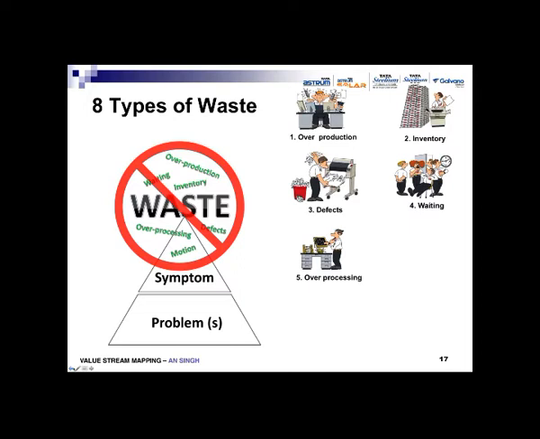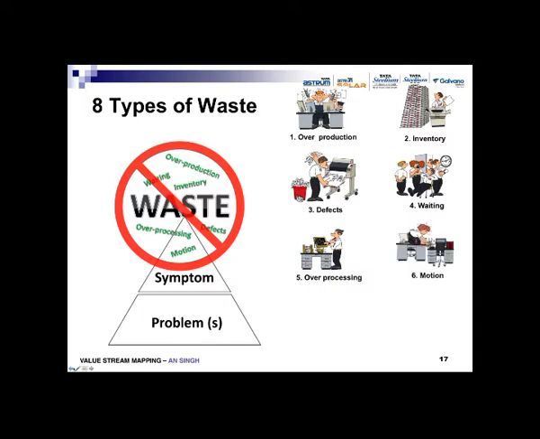For example, for the release of a check, so many steps are involved, so many people approve, and finally the check is signed and issued. In the same way, for production of any item, there may be extra steps which can be eliminated by improving the process. So that is another waste.